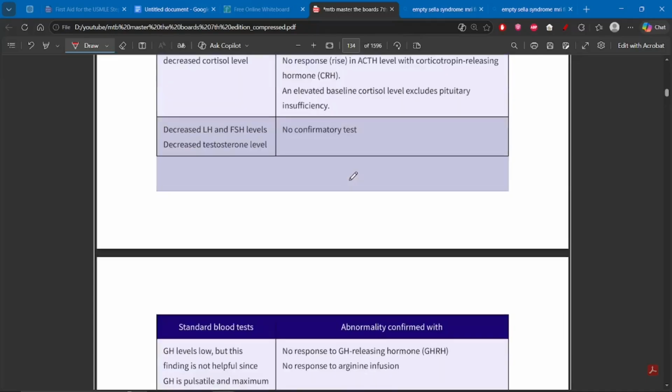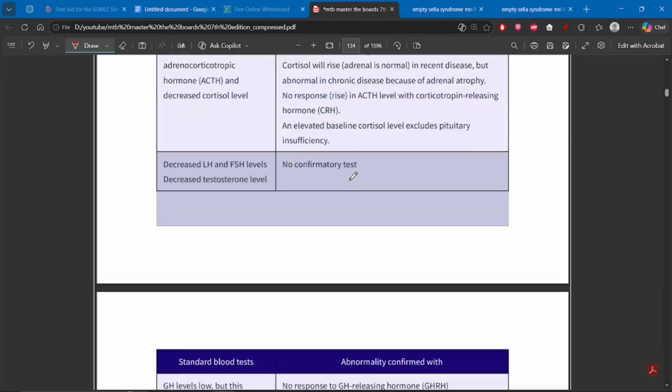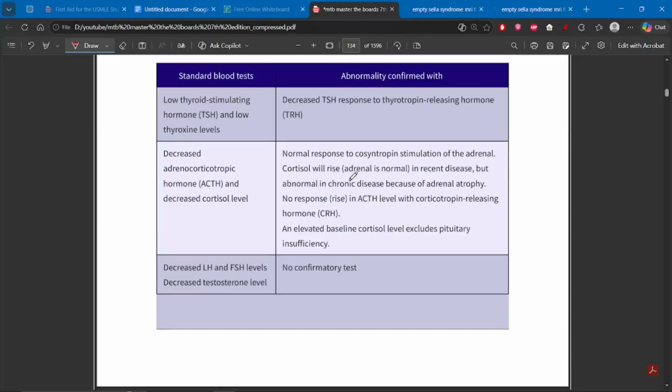So now they have signified some important blood tests for the specific hormones. First of all, testing thyroxine levels and TSH. There would be low TSH and low thyroxine levels, and decreased TSH response to thyrotropin releasing hormone.